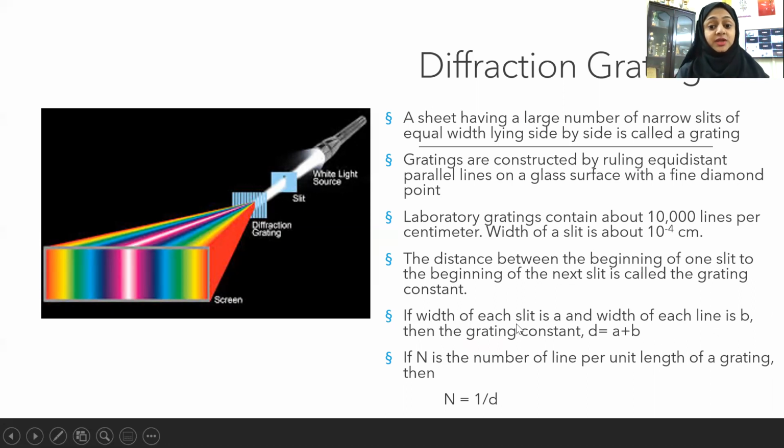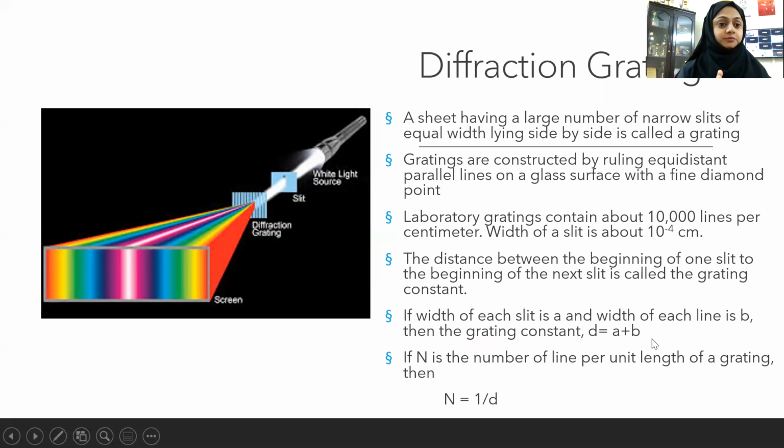If the width of each slit is a, and the width of each line is b, they need not be equal. Then the grating constant d is equal to a plus b. a is the width of the slit or the transparent region between two lines, and b is the width of that line or the scratch. So grating constant is equal to a plus b.